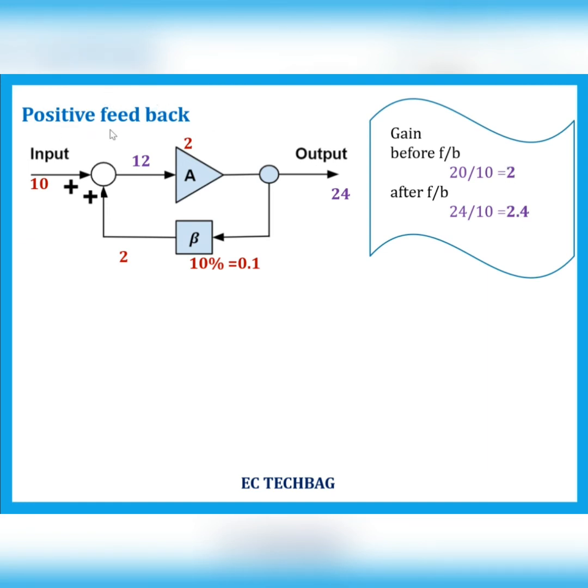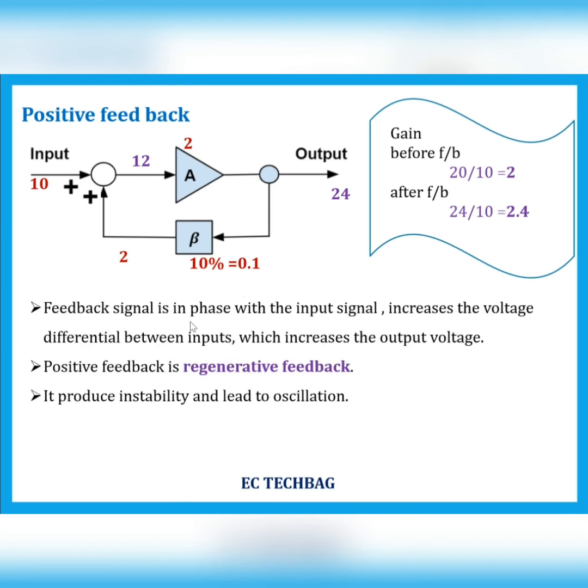So in positive feedback, where output increases, similarly, the gain also increases. It is called regenerative feedback. But due to this increasing nature, it may lead to oscillation. Normally, this positive feedback is preferred in oscillator circuits, not in amplifier circuits.